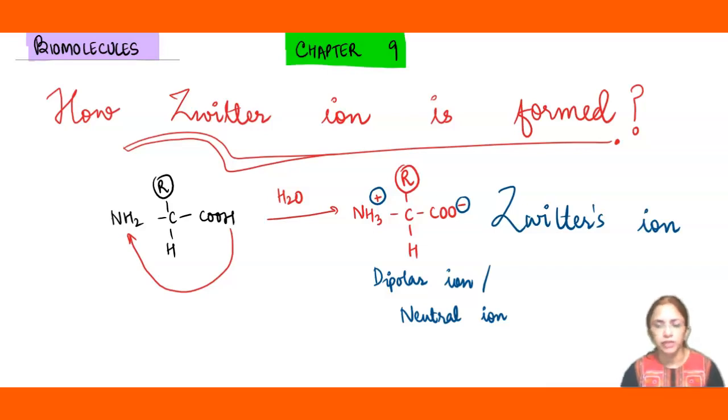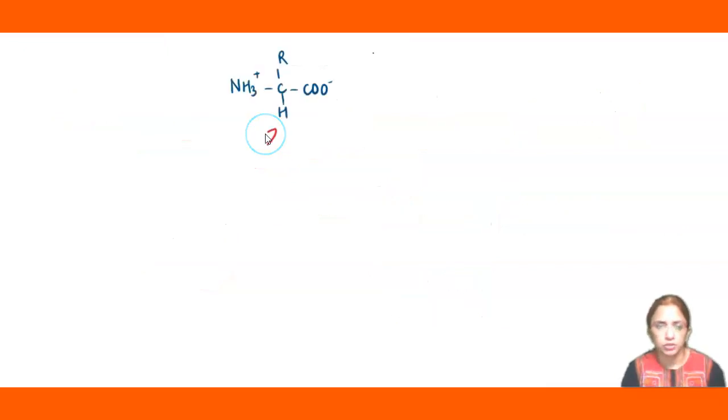Now further, I would like to take one more concept with the Zwitter ion, which is important to understand, and that is: if the conditions are acidic or if the conditions are basic, then what is going to happen? So this is our Zwitter ion, which I have written for you again. Once the pH is low, that means which conditions are there? Yes, acidic conditions are there. And you know that in acidic conditions, H ion concentration will be high.